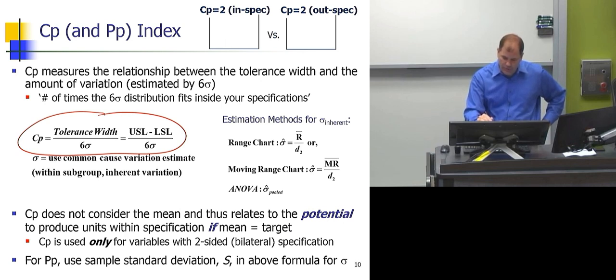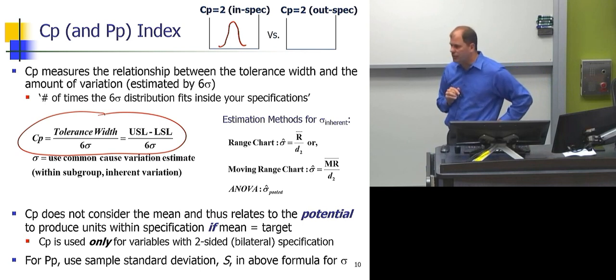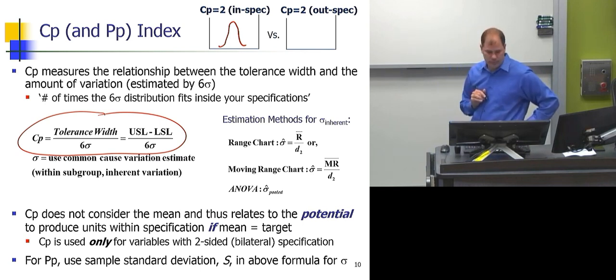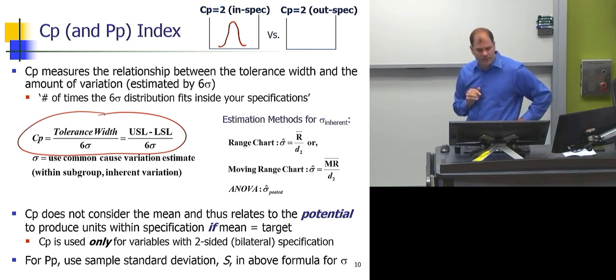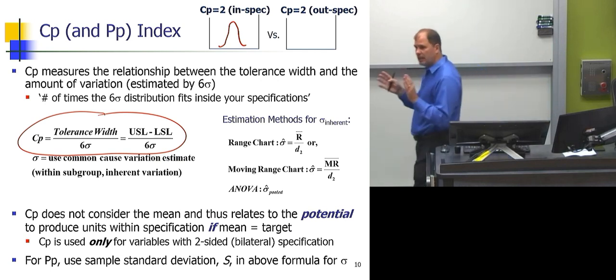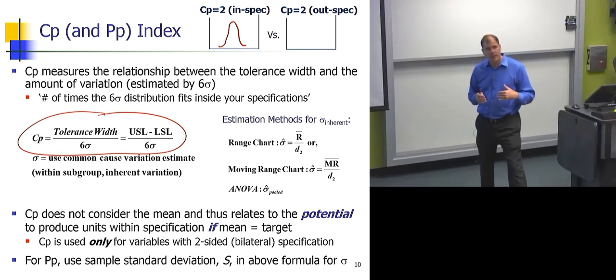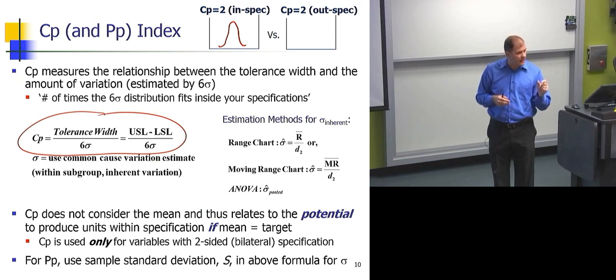I could have a picture that looks like this, and that would be a picture of a CP of 2. If you look at that formula, specification divided by 6 sigma, a CP of 2 means I could fit 2 6 sigma distributions inside my tolerances. I could fit 2 distributions inside.